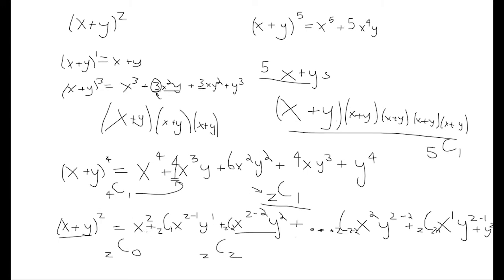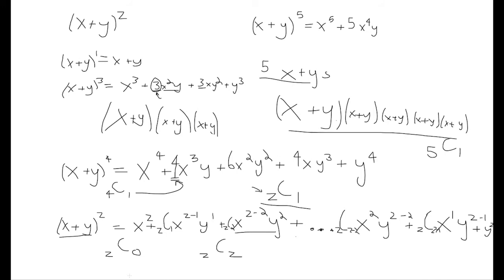If you want to only get x's, you need to find out how many combinations there are where you get no y's. So you're picking 0 of those elements out of z elements. And that actually is equal to 1, but we can write z choose 0 as the coefficient for x to the z. It's equal to 1, but we can write it like that.